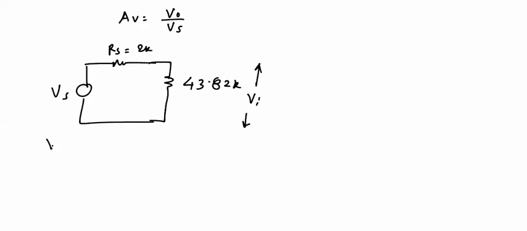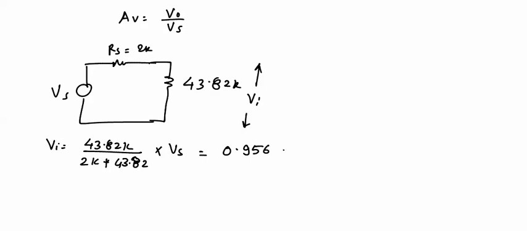Now here we can say that Vi equal to 43.82 divided by 2K plus 43.82 into Vs, and it is equal to 0.956 into Vs.